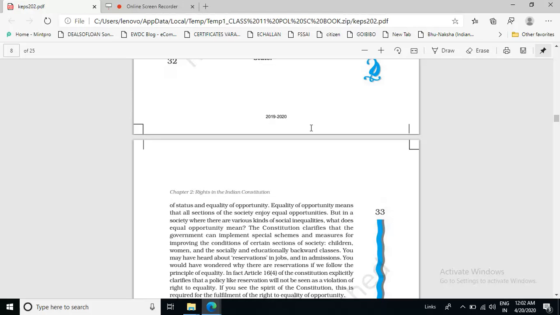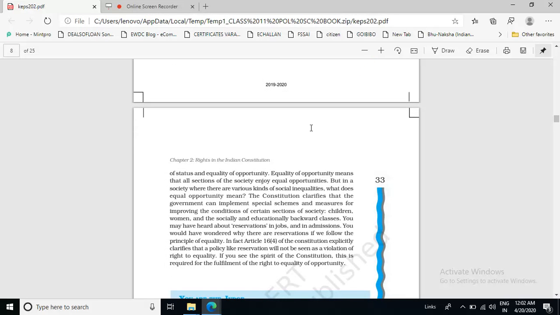In this case, in order to make them equal in real terms, in order to improve the condition of the lower caste, it was very important to provide them some kind of reservation, and for that purpose only reservation was given to the so-called lower caste of the society. So it is not a violation of the right to equality. It is not against anyone, but it is for the development of a particular section of the society.